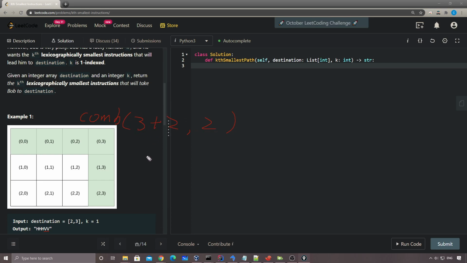So how are we going to calculate this? It's 5 choose 2, so it's 5 times 4 times 3, and then divided by 2 times 1.